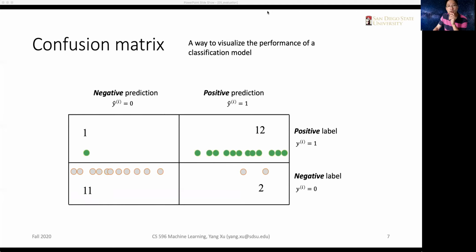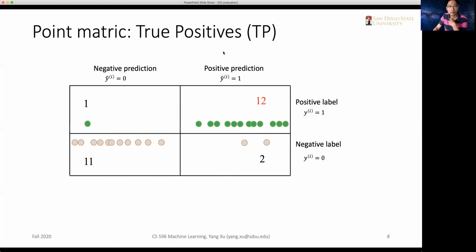Okay, so we give names to these numbers, and we use those values to come up with a series of metrics. So first, true positive is the number here. The name is also straightforward.